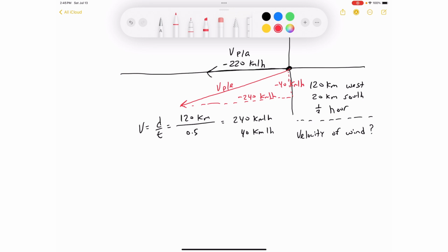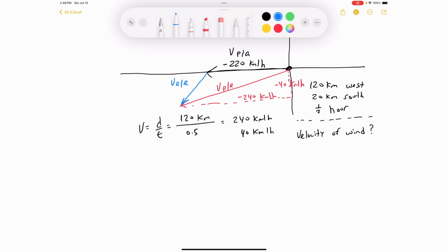Well, like I said, the air pushed the airplane. So let's change to a blue vector. That's this one. This blue vector is the velocity of the air relative to the Earth.